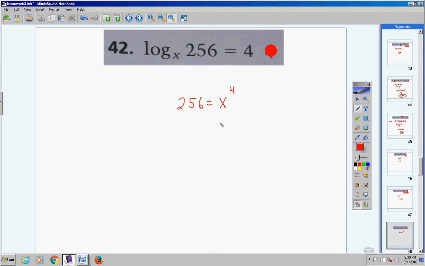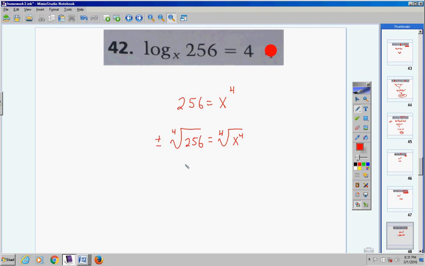So there. Now guys, you know how to solve this. I don't want x to the 4th. I want x. So how do I get rid of an x to the 4th? I take the 4th root of it. But if I take the 4th root of one side, I better take the 4th root of the other side. Now, 2 questions. Did you insert the root, the radical? Yes, you did. Is the index even? Yes. So you must put plus minus.